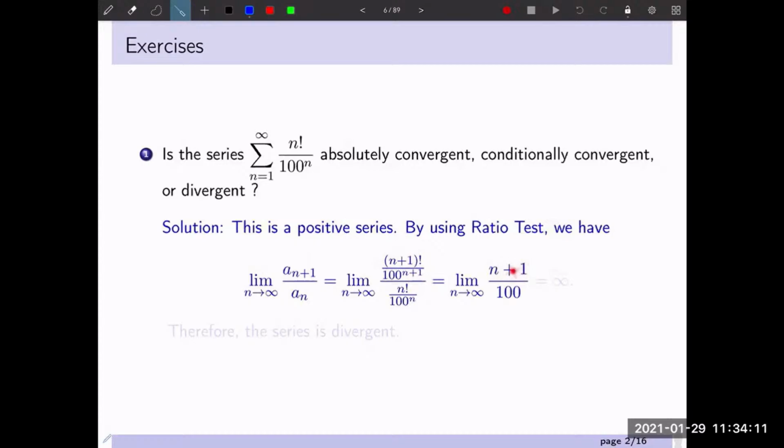And this is 100 to the power n plus 1 divided by 100 to the power n, so you get 100. Anyway, when n tends to infinity, you would get infinity. Right? Because n tends to infinity, in the upper side, you get infinity. So when the limit of this ratio is bigger than 1, and infinity is clearly bigger than 1, right? Then the series is divergent. This is the ratio test.